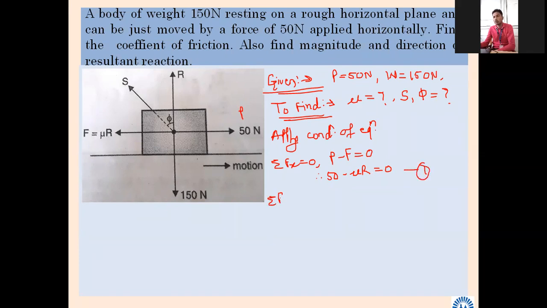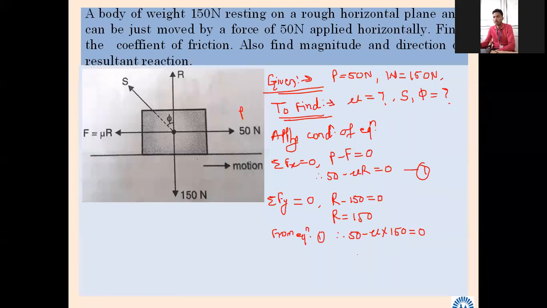Now summation Fy equal to 0. What will it become? R minus 150 equal to 0. R is equal to 150. Therefore, from equation 1, 50 minus mu into 150 equal to 0.